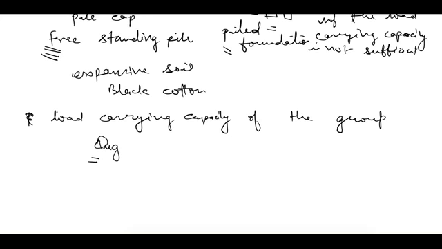Now QUG is equal to N times QU, where QU is the ultimate pile load capacity of a single pile and N is the number of piles.